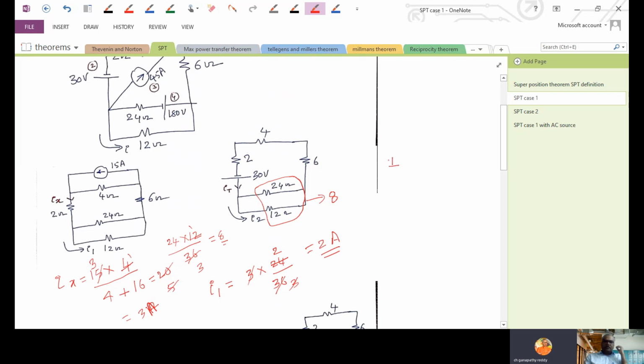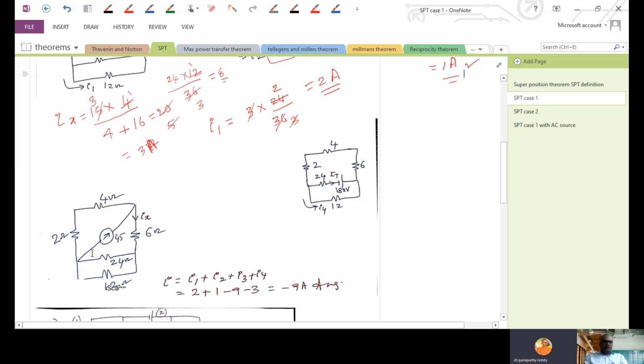So IT is 30 divided by 20, you will get 1.5 amps. Now this current divides between 24 and 12. Using current division, I2 equals 1.5 into 24 divided by 36, you will get 1 amp. So I2 is 1 amp.